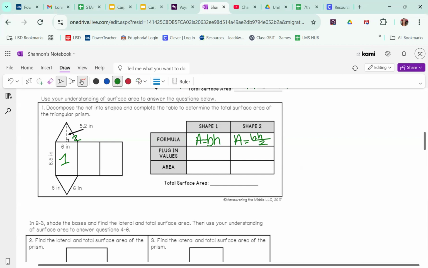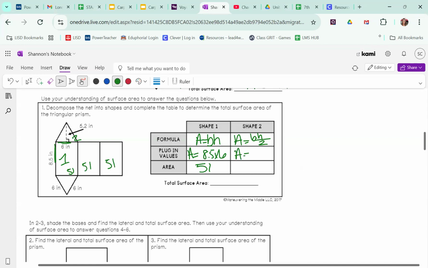All right, so for this one, we're going to get area equals 8.5 times 6, because we have 6 is that piece and 8.5 is this piece. And so you get 51. So we have 51 here, 51 here, and 51 here.